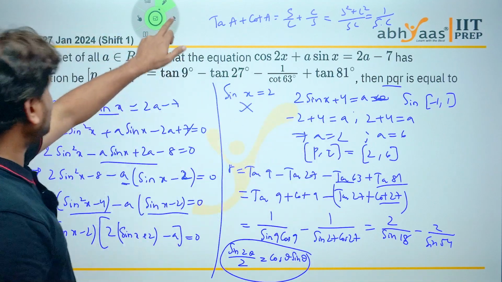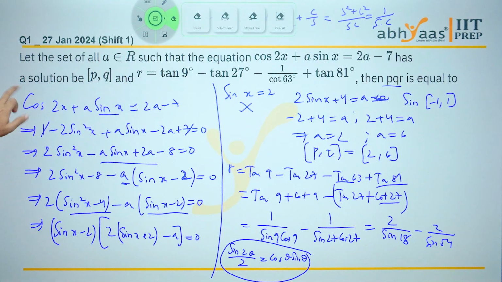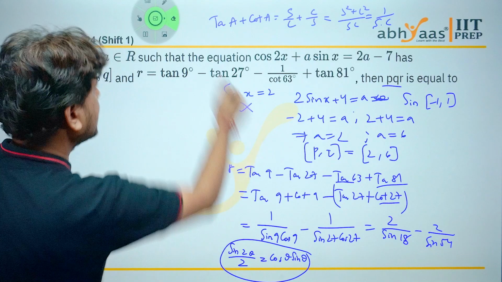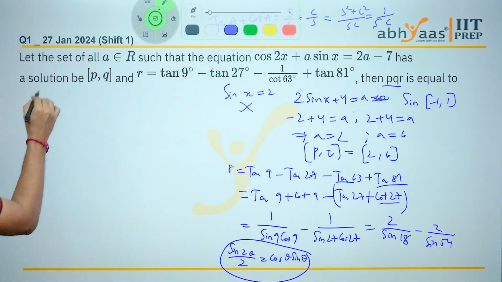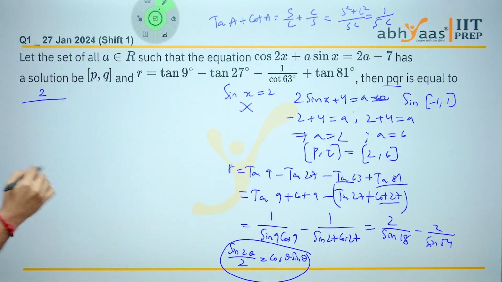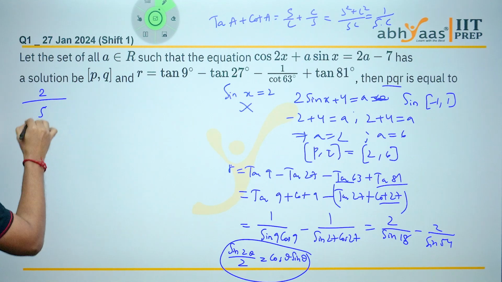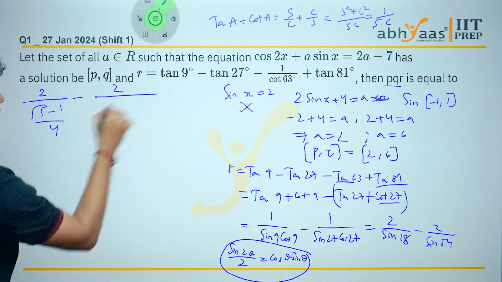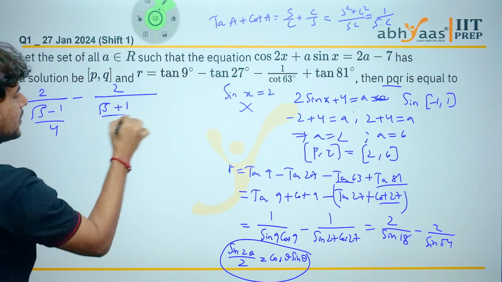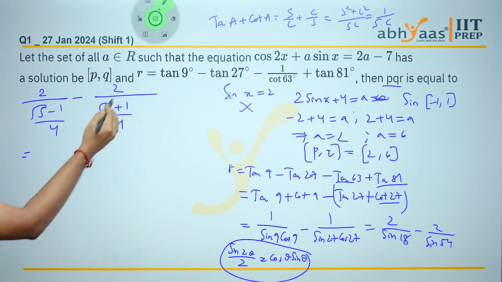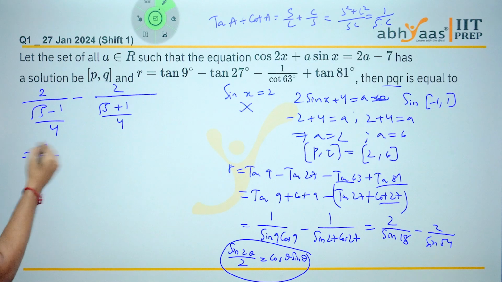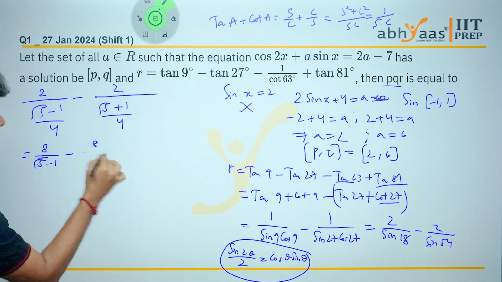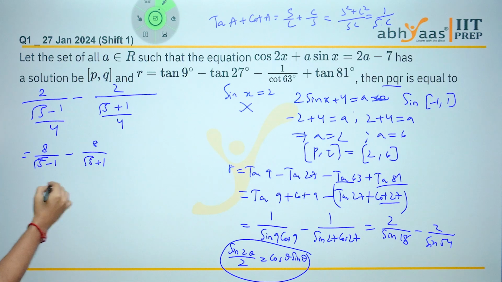I hope you remember them. I'll be writing them here. So we got 2 by sin 18 minus 2 by sin 54. Sin 18 is (root 5 minus 1) by 4, and sin 54 is (root 5 plus 1) by 4. So that equals 8 by (root 5 minus 1) minus 8 by (root 5 plus 1).